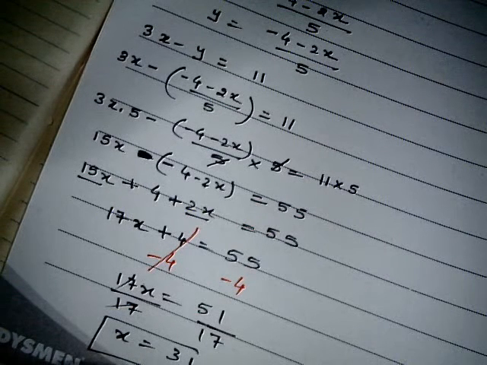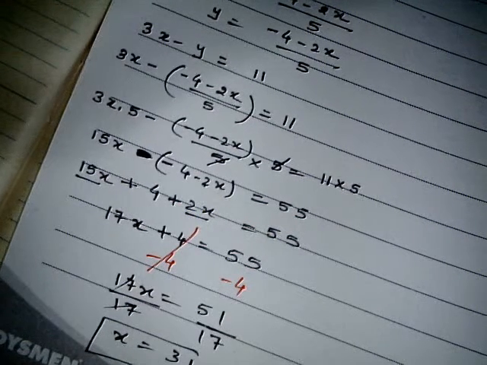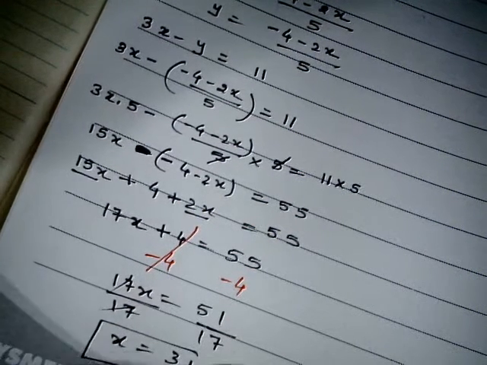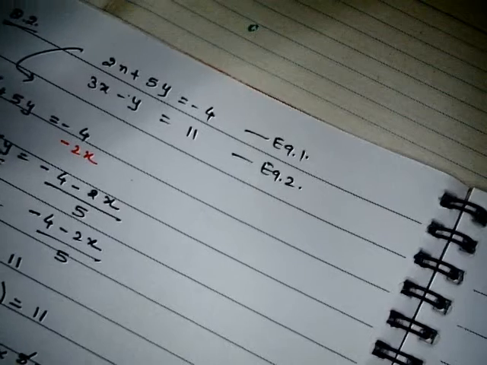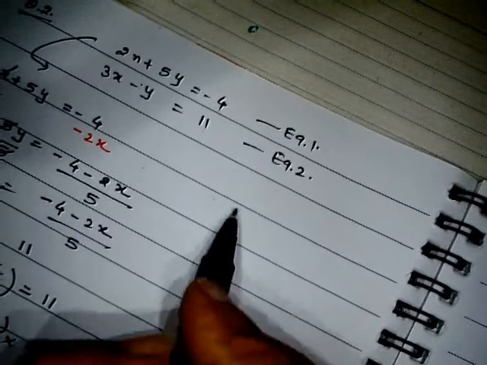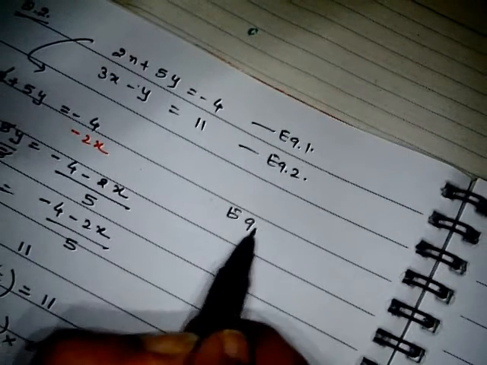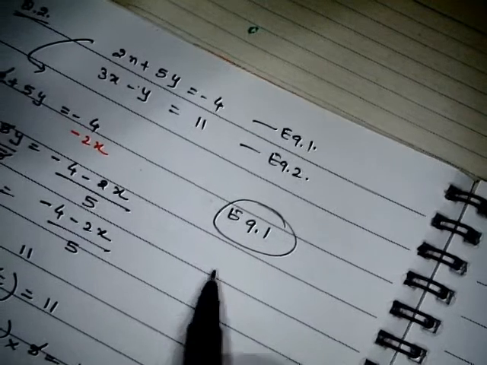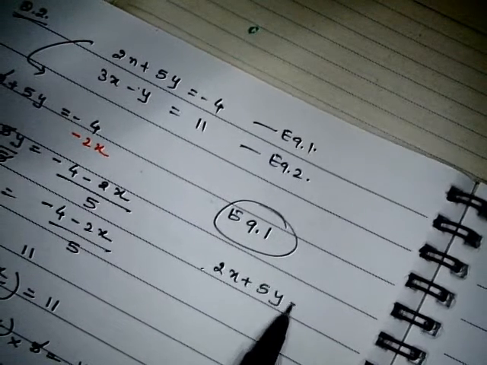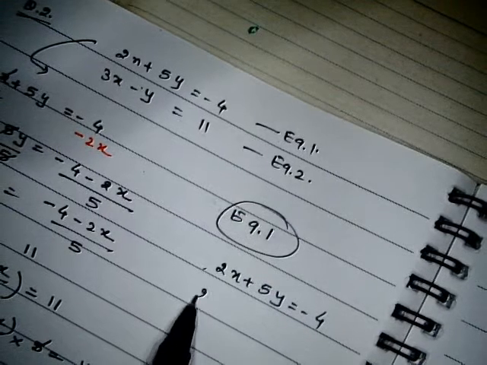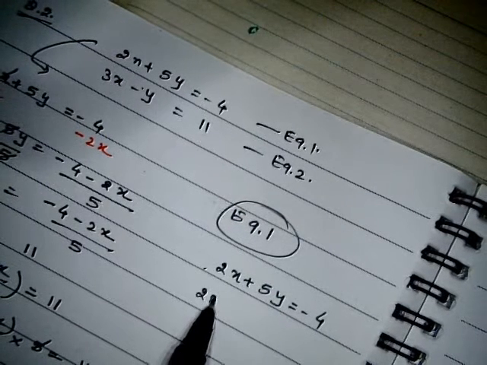This x value I am going to plug into equation 1 or 2. It all depends on you which equation you choose. I am going to choose equation 1 to plug in the value of x, and I am going to write that equation again: 2x, where x is 3, plus 5y equals negative 4.